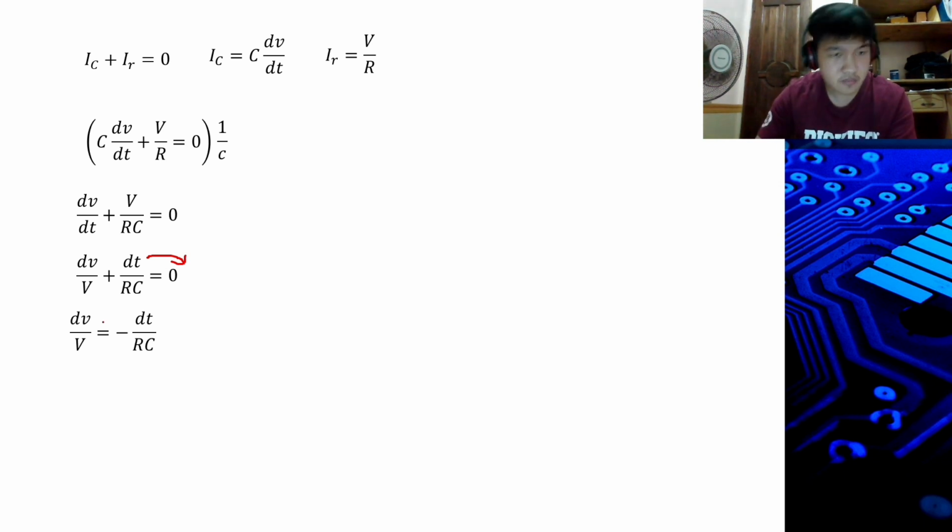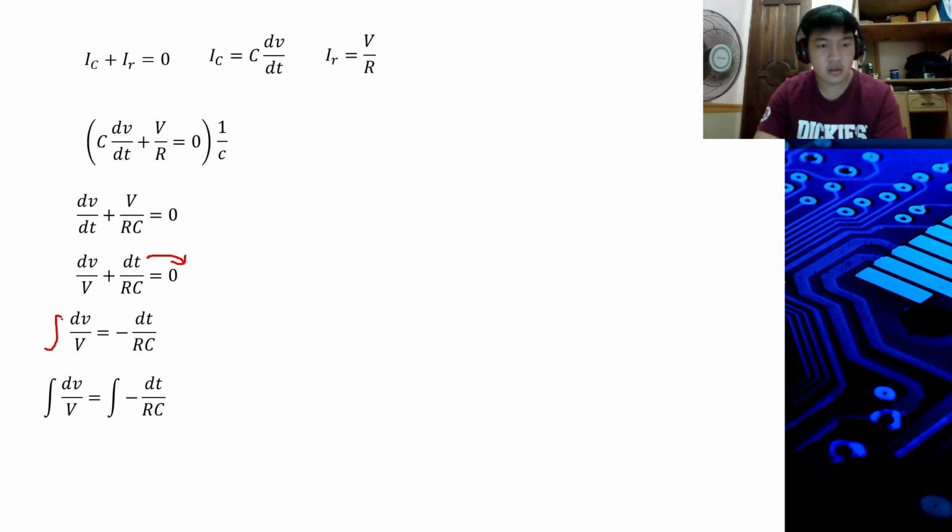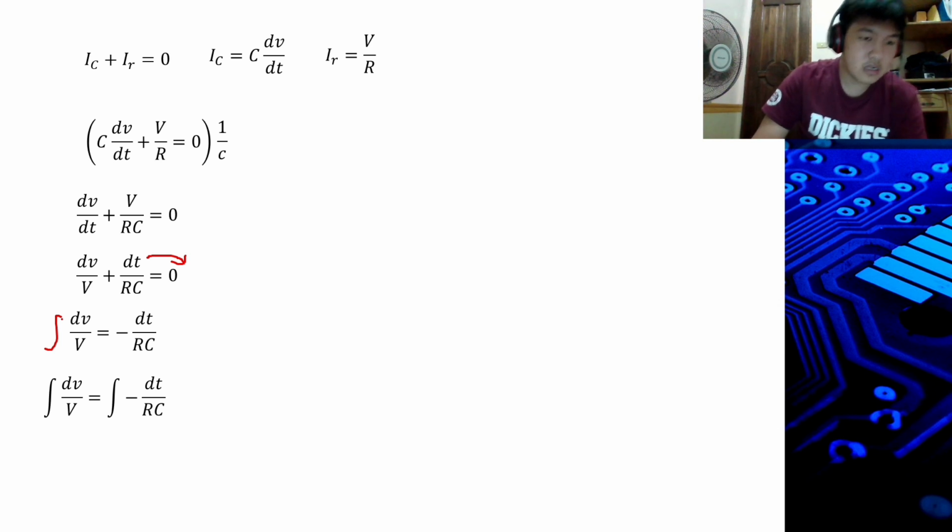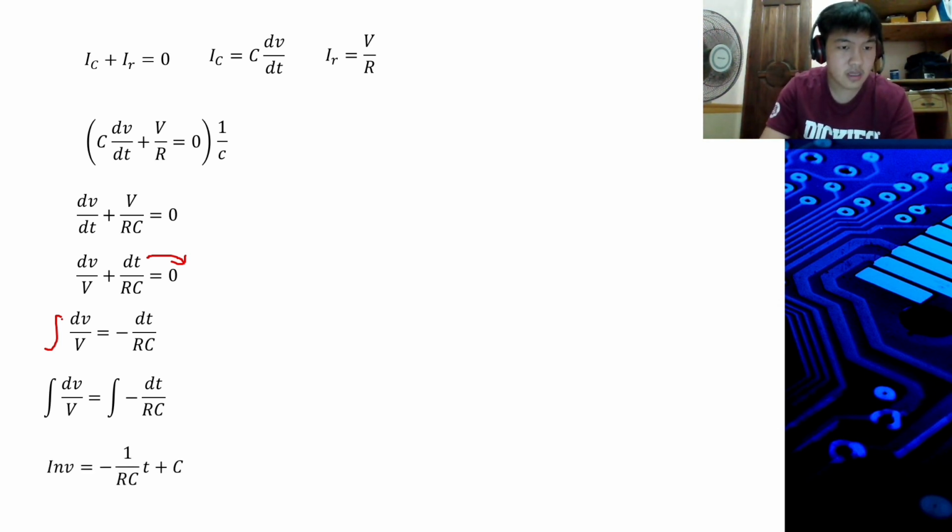Next, we integrate both sides. The integral of dV over V is ln V, equal to negative 1 over RC t plus C.